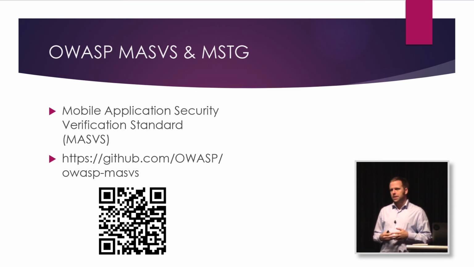What the MASVS basically describes is, given the security that you need, you should think about at least the following controls. And that will really help, because what I often see with mobile developers is that it's hard to understand, what do we need to do? Should we really go all the way with all these security controls, or can we just focus on creating other types of value? And MASVS can help you to determine what you really need.